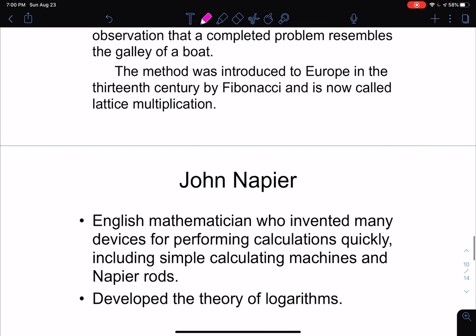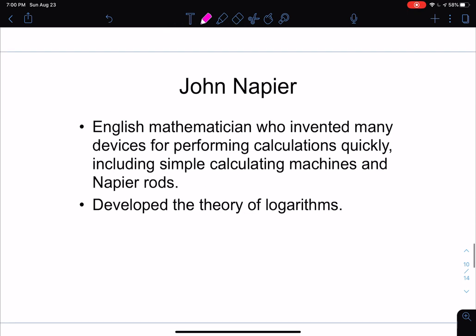All right, another person to take note of for your mathematician list: John Napier. And why am I bringing this guy up? Well, he invented something called Napier's rods, or Napier's bones, and these look very similar to the galley method when you use them. So John Napier, add him to your list. He was an English mathematician who invented many devices for performing calculations quickly, including not only Napier's rods, but also some simple calculating machines.